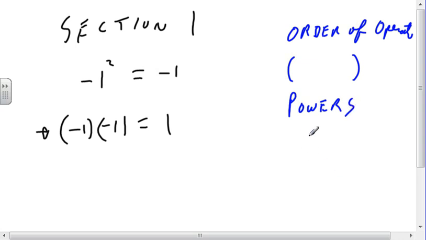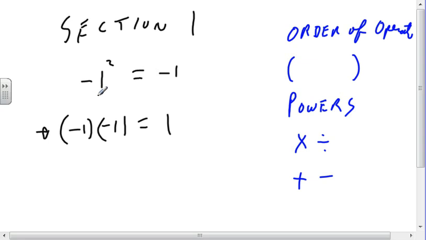What happens next is multiplication and division. And what happens next is addition and subtraction. So when I have minus 1 squared, I have no parentheses, but I have to do the powers next, 1 squared. If I wanted (-1) squared, I'd have to use parentheses, but I didn't do that, so that's not what I got. And then I do the negative sign last.